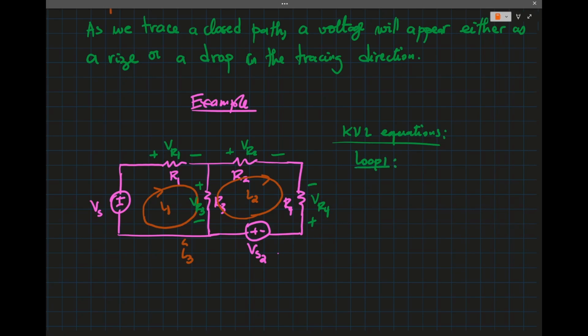Okay, so for loop 1, we are going to trace a cross path starting from this node. I'm going to start from that node and move upward.